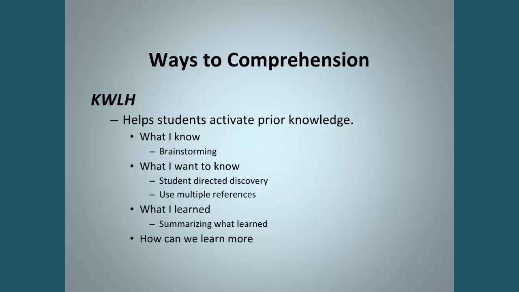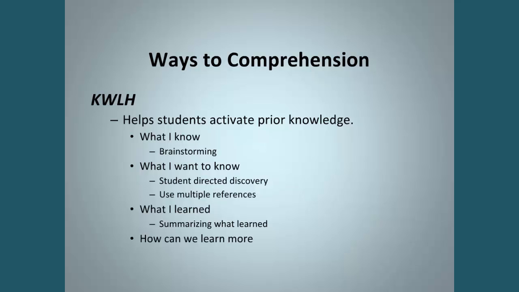KWLH is a very common practice to activate schema. So you start off with talking about what they know, brainstorming what they know, and you put that in the K column. And then you talk about what you want to know, and you put that in the W column.